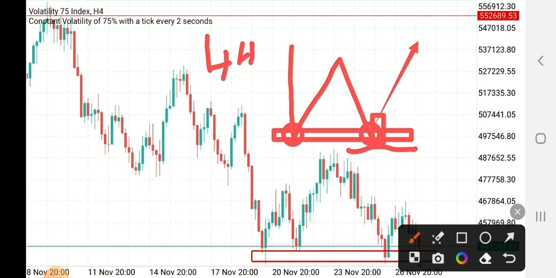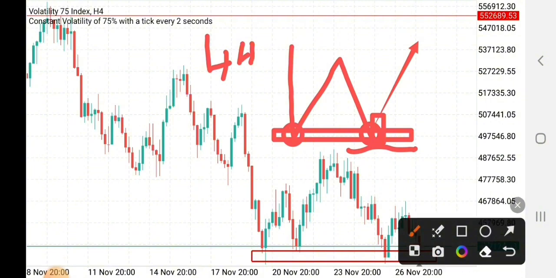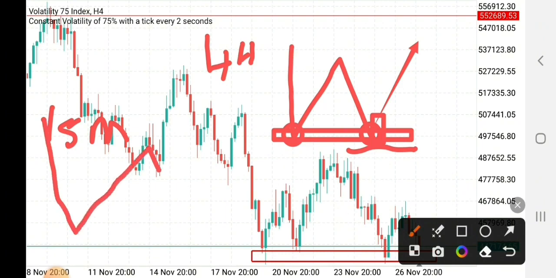Okay, so when you discover this particular pattern on 4 hours time frame, I want you to go down to 15 minutes time frame. So on 15 minutes time frame, remember you have this first leg. So on 15 minutes time frame, in that second leg, I want you to see the same pattern on the second leg.